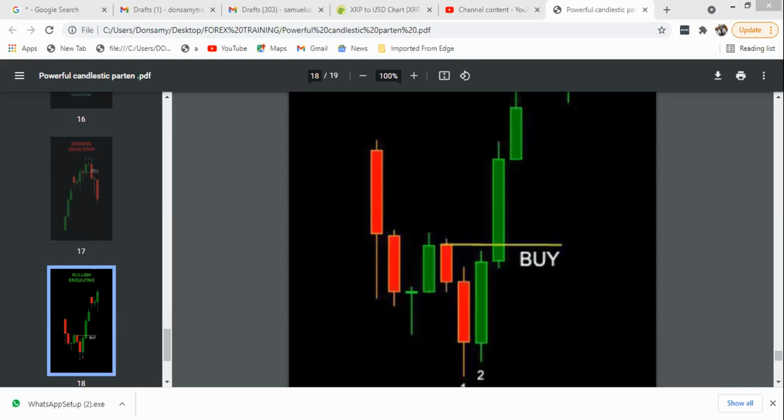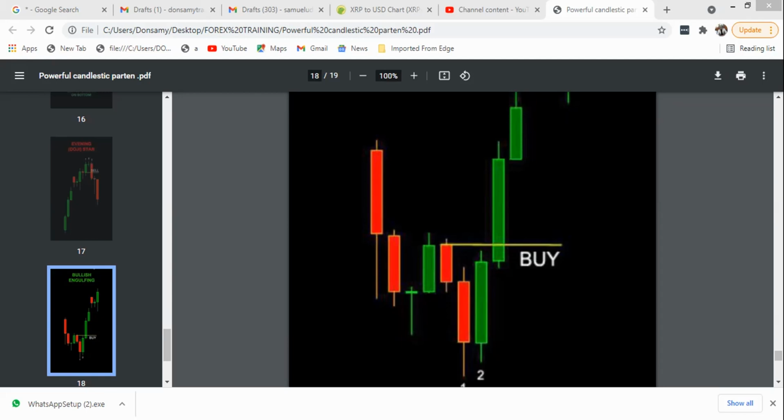I know most of us don't know Fibonacci levels. As time goes on, I will teach us that. On moving average levels, I also know that most of us have not known moving average. We can also look at that, because they also act as support and resistance.